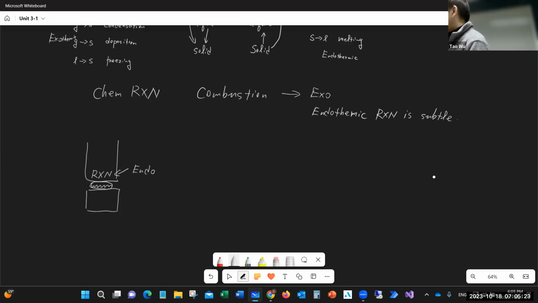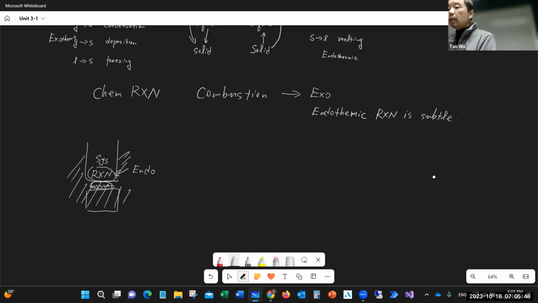Then where's the heat? If we think about this as a system, the rest of the others are all called the surroundings, right? So if this system is absorbing the heat, then that means the surrounding is going to be losing the heat.